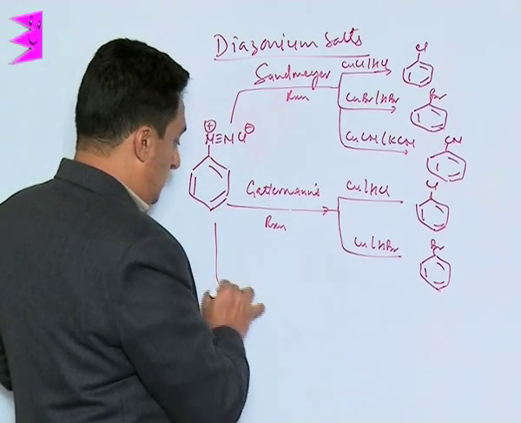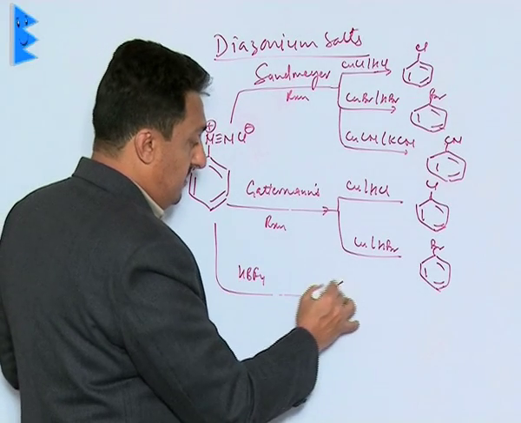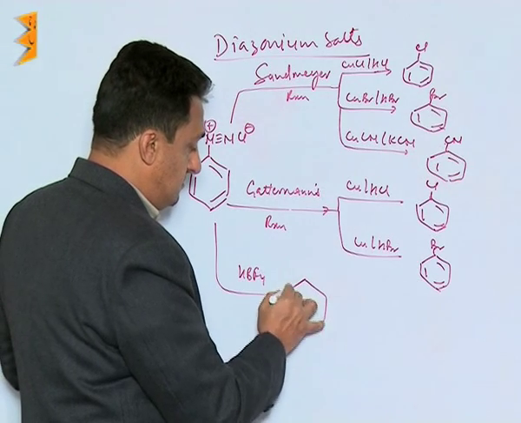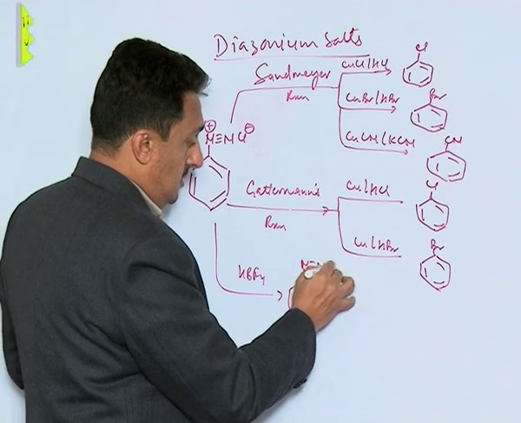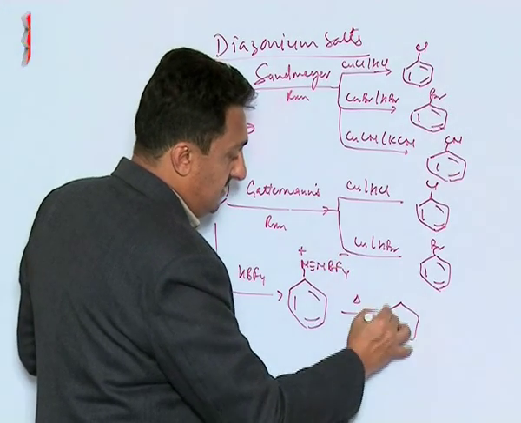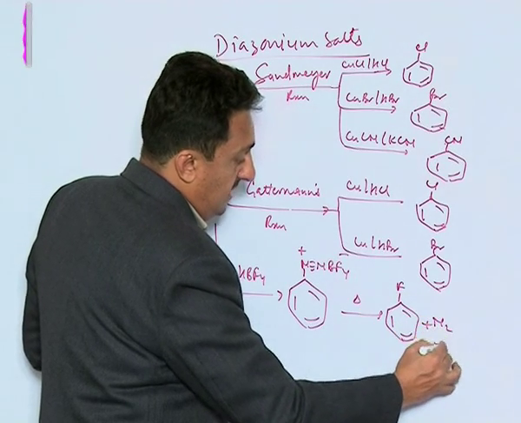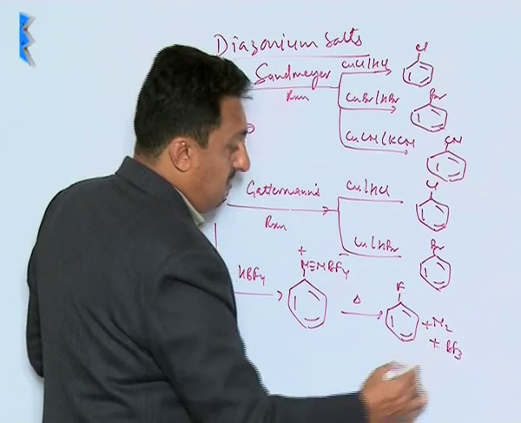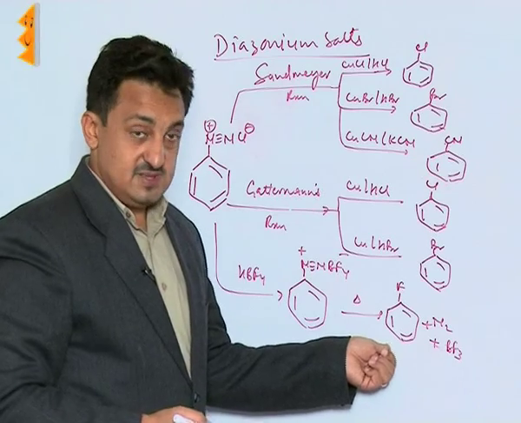We also know we can react this with fluoroboric acid, HBF4. This is going to give us this salt, which on heating gives us fluorobenzene, nitrogen, and BF3. This reaction is called Balz-Schiemann reaction and is used to prepare fluorobenzene.